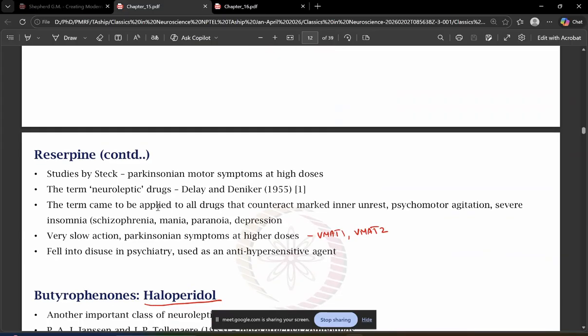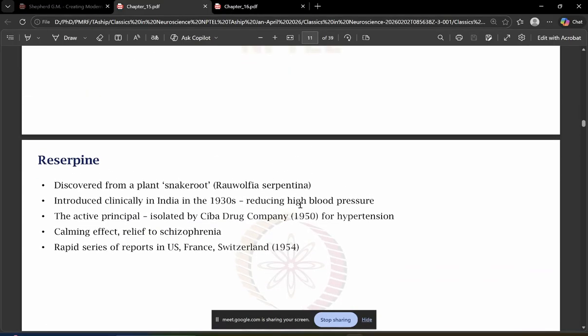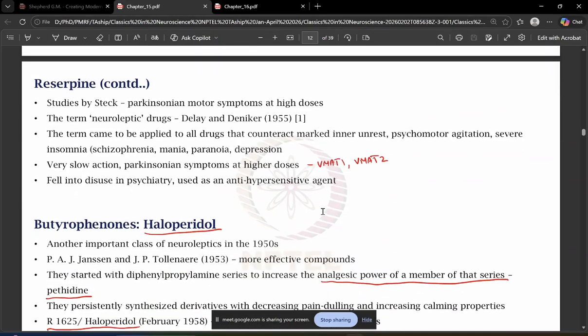It also continued to be used in animal studies. Later, it was shown that the mode of action of reserpine was through its inhibition of the VMAT receptors, or the vesicular monoamine transporters.